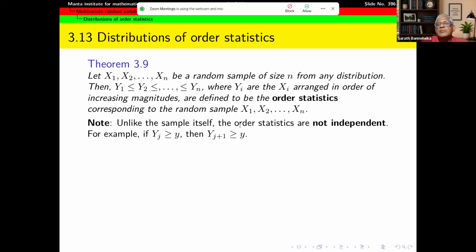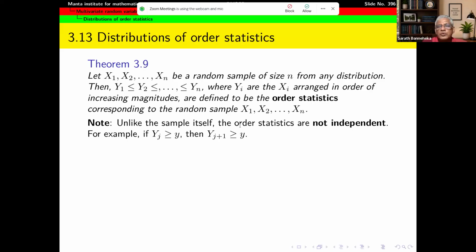Suppose you take another random sample, simple x1, simple x2 up to simple xn from the same distribution and put them in ascending order and then find the first value. That is the minimum. So now you have two possible values for the minimum if you take a random sample of size n from this particular distribution.